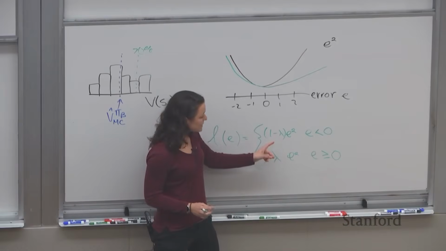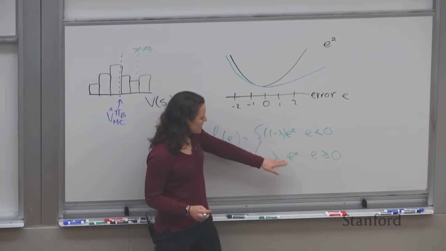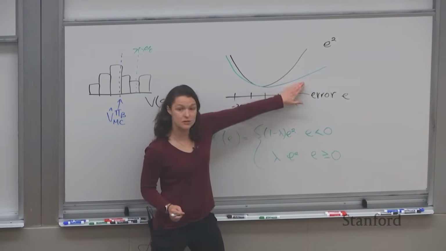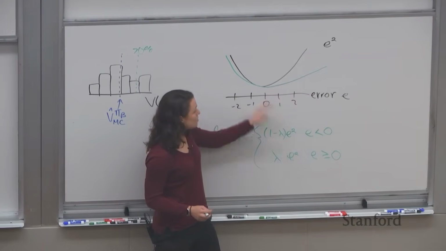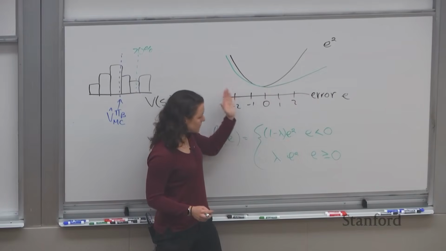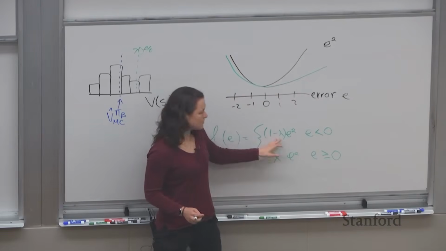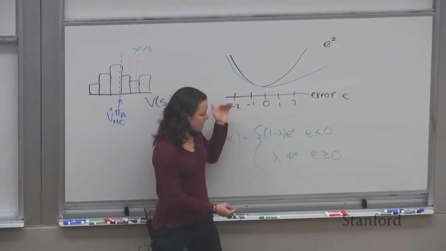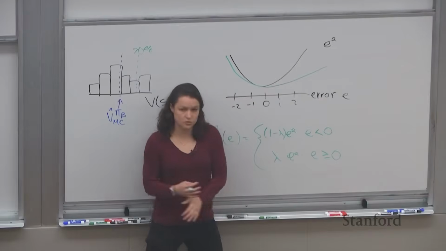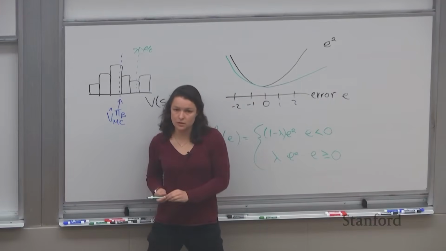And if lambda is less than 0.5, then it will be downweighting the loss when it's above 0 and upweighting it when it's less than 0. The reverse will be true when lambda is greater than 0.5.